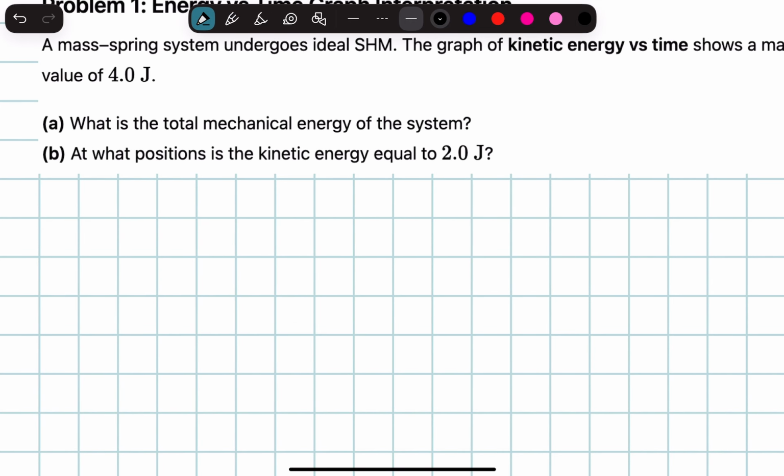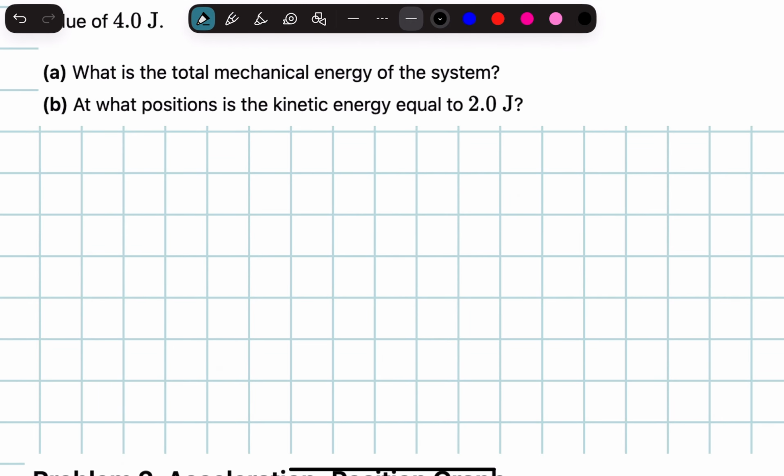What is the total maximum energy of the system, and at what points is the kinetic energy equal to 2 joules? So in ideal simple harmonic motion, we have that the total energy is going to be equal to the kinetic energy max, and the E total is going to be equal to 4.0 joules.